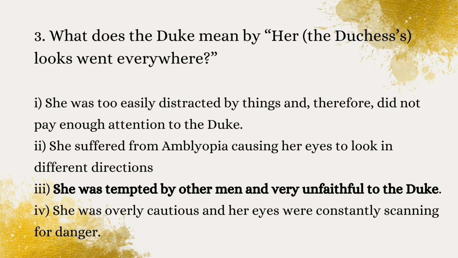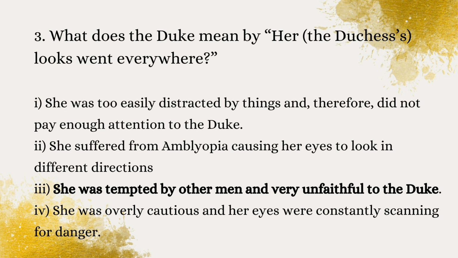What does the Duke mean by saying that the Duchess's looks went everywhere? The third question. The options are: she was too easily distracted by things and therefore did not pay enough attention to the Duke. Option 2, she suffered from amblyopia causing her eyes to look in different directions.